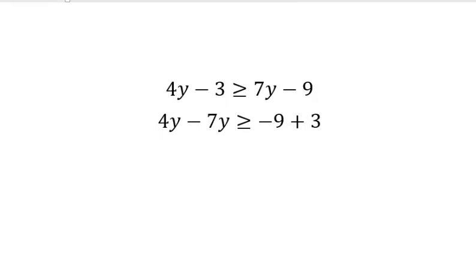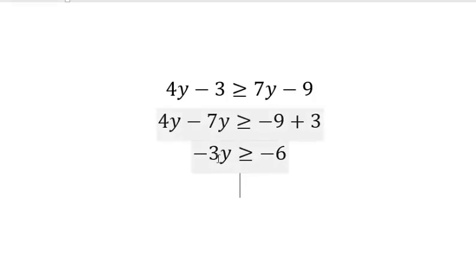So 4y minus 7y would be negative 3y, and negative 3y is greater than or equal to negative 6, because minus 9 plus 3 is minus 6. The signs are different, so you subtract and copy the sign of the greatest amount, which is 9, so I copy negative.